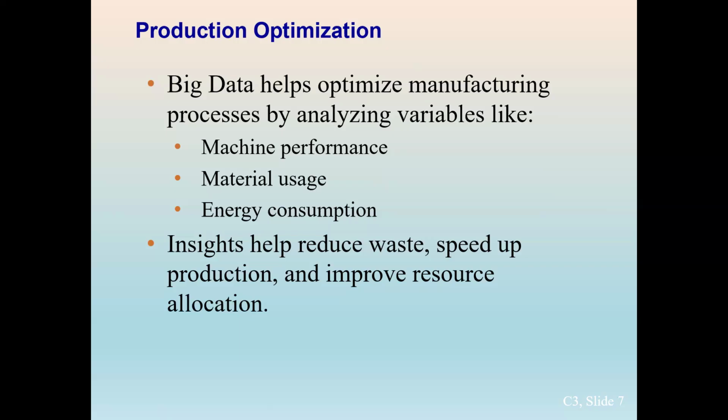This can include optimizing the production schedules to minimize idle time, reduce work in progress inventory, and meet the delivery deadlines more effectively. So again, insights help reduce waste, as we mentioned earlier, speed up production, and improve resource allocation also.